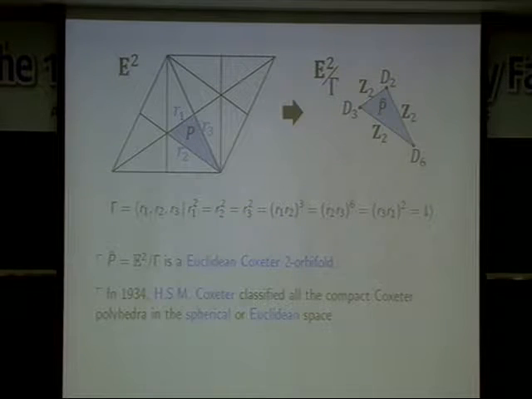And why are all these things called Coxeter? Because in 1934, Coxeter classified all the compact Coxeter polyhedra in spherical or Euclidean space. The main idea is that in spherical space, a Coxeter polyhedron is a simplex, and in Euclidean space it is a product of simplices.